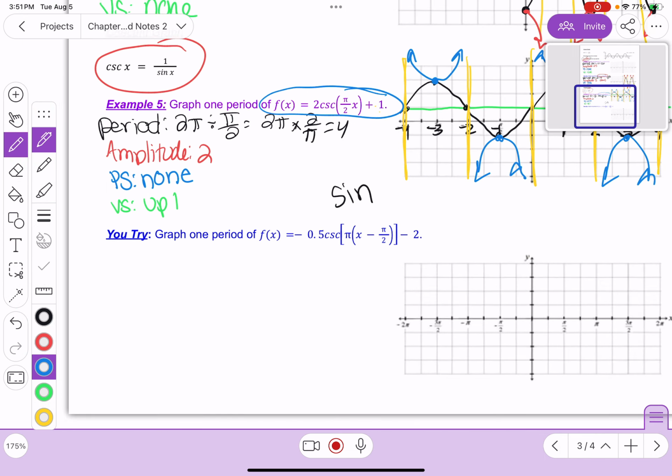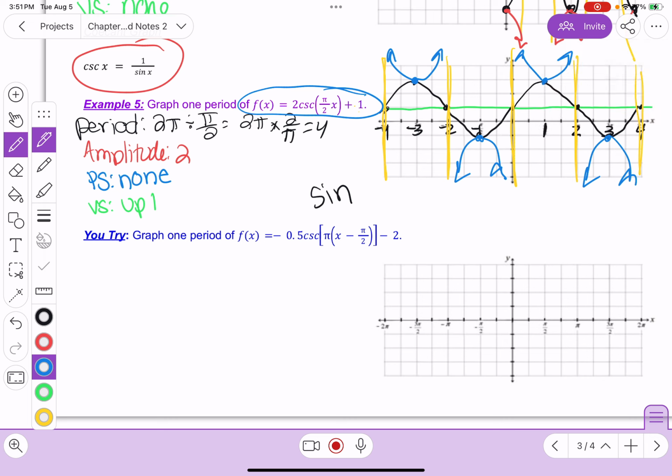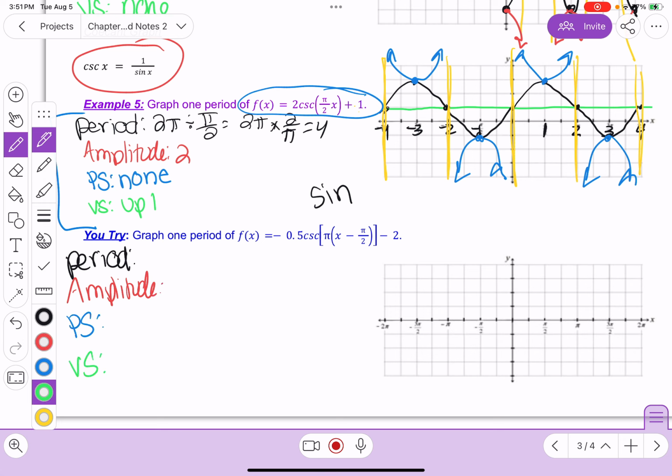All right, so pause, see if you can at least find those 4 things. Try graphing it if you want to. So period, amplitude, phase shift, vertical shift. Period is, and notice on this one, the pi is already taken out, so we don't have to do any dividing.